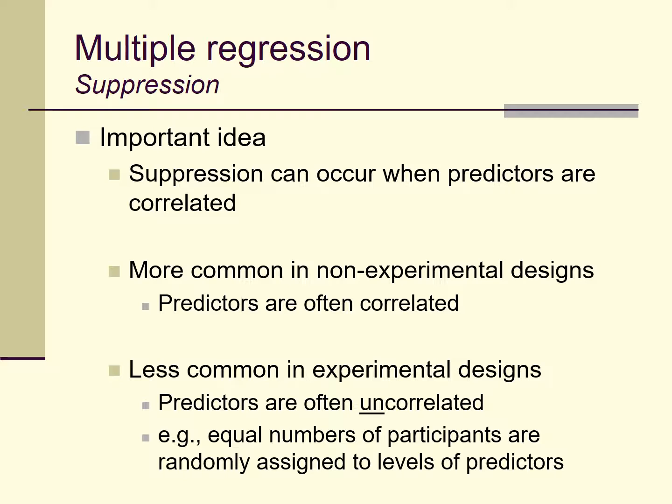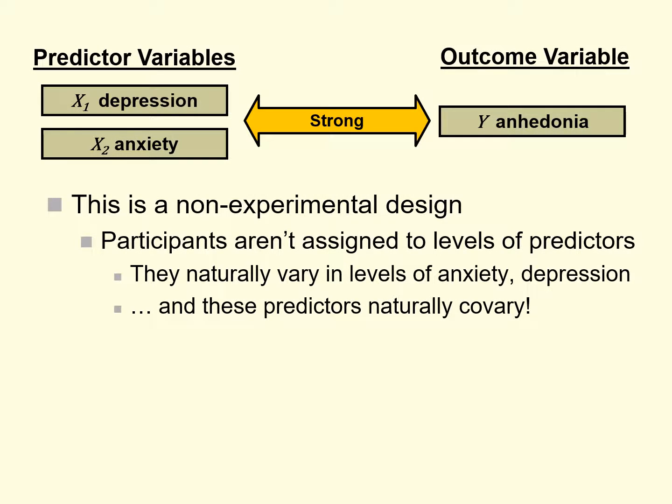So for instance, if you took equal numbers of people and randomly assigned them to different levels of different independent or predictor variables, those predictor variables would be uncorrelated with each other. But again, in this example, we're talking about a non-experimental design.